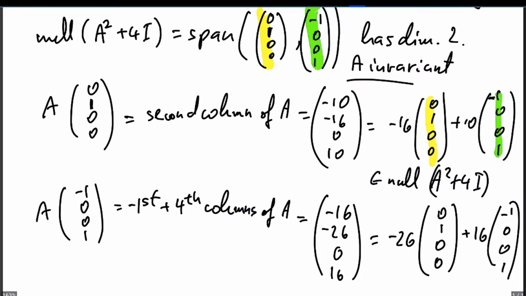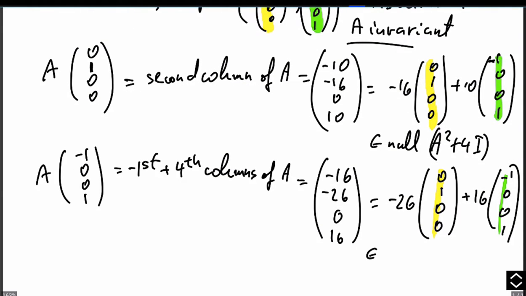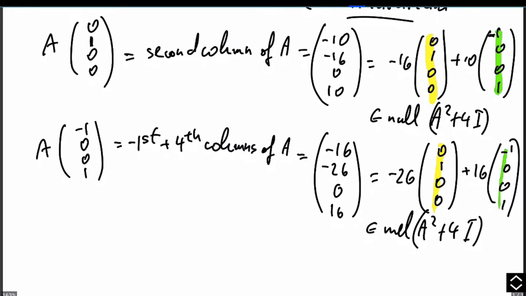So again, these are linear combinations of the basis vectors, which means that this is again in the null space. So that says that really the null space of this quadratic factor is A invariant.